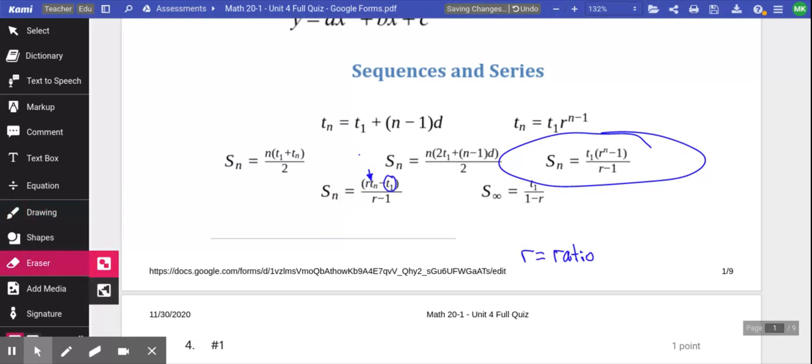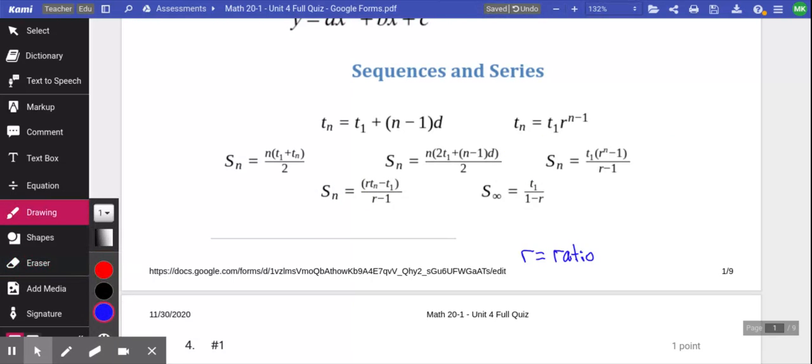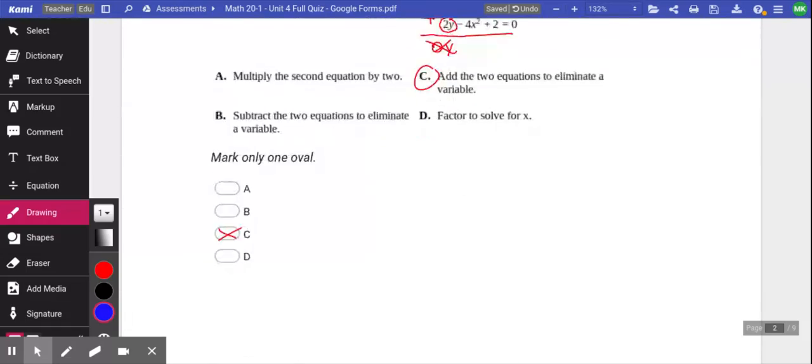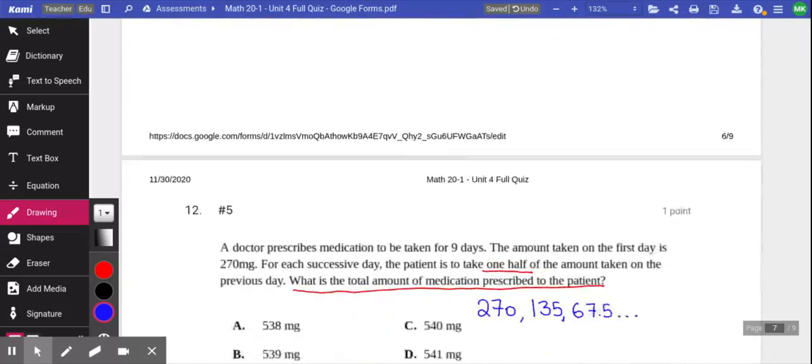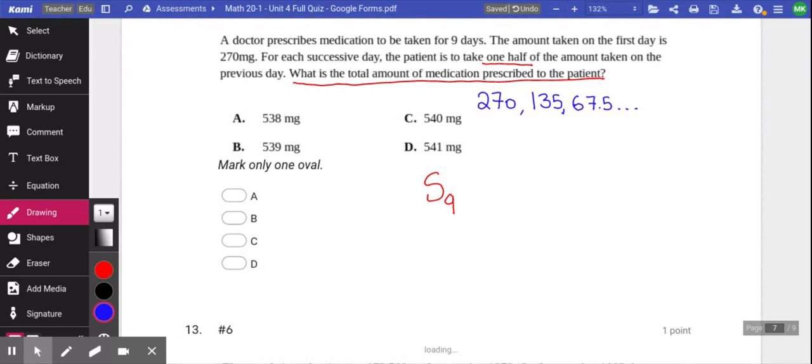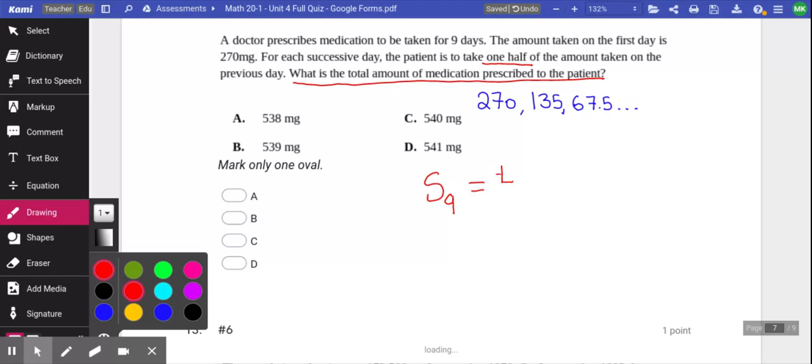So if I go ahead and try plugging that formula in, S of 9 equals, I believe the formula was T of 1, R to the power of n minus 1, over R minus 1. Let's plug this in. S of 9, we still don't know. T of 1 is medicine on the first day.